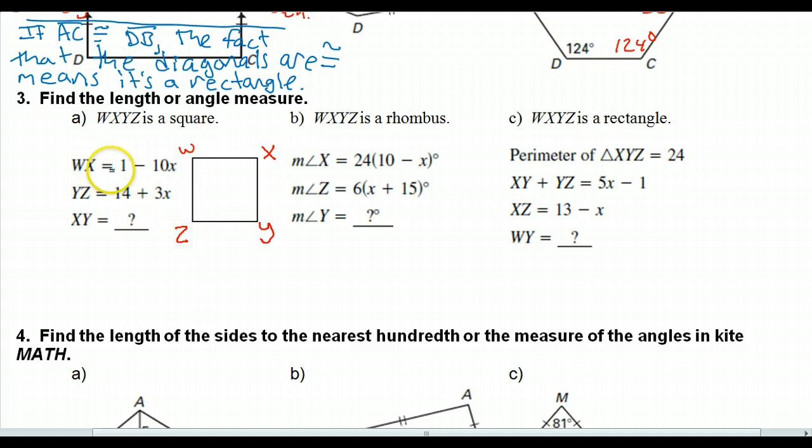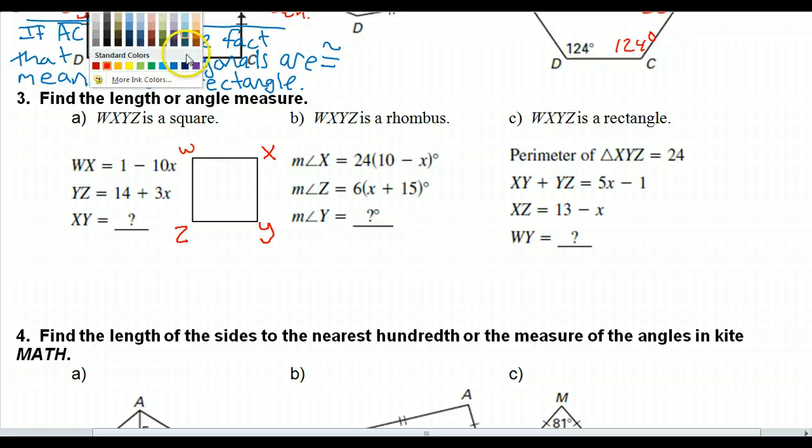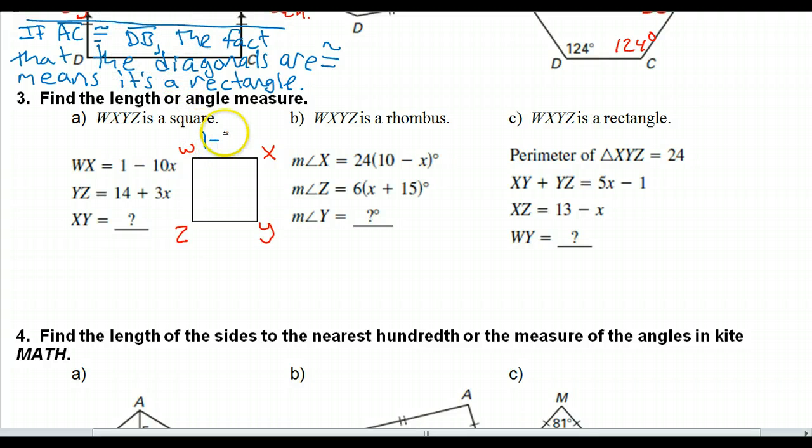Now, WX is 1 minus 10x. So this is 1 minus 10x right here. YZ is 14 plus 3x. So this is 14 plus 3x.